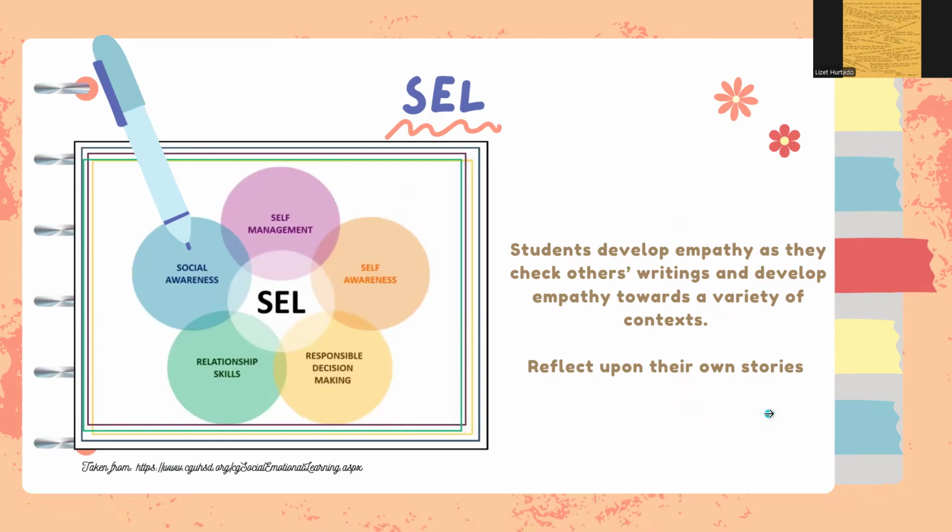And also when they are reflecting on their own stories, we try to show respect, and we highlight this part as they are not only learning content, but they are learning how to be and how to behave.